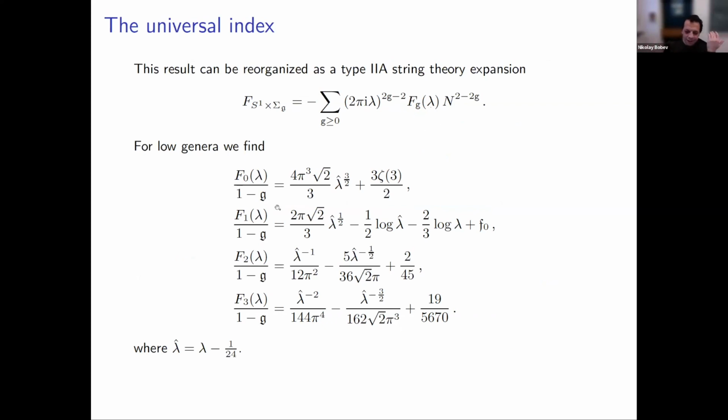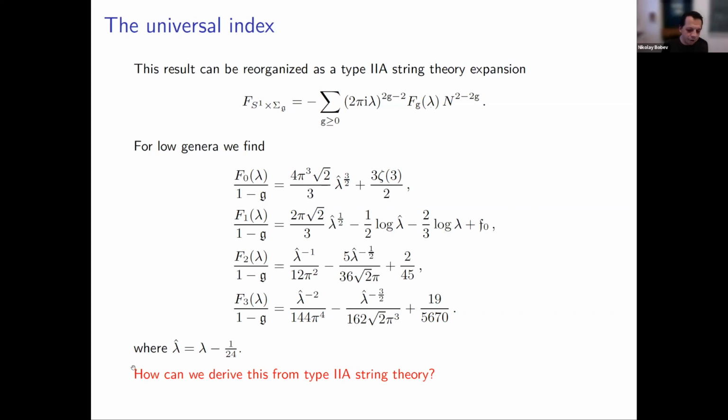Then in a very nice way, I could resum these answers in functions that should be thought of as the free energy of the type 2A string on a different background, not on AdS4, on some other background, which is a black hole, actually. And then we could compute these to any order that you like. Again, they resum nicely in terms of the same shifted lambda minus 1 over 24.